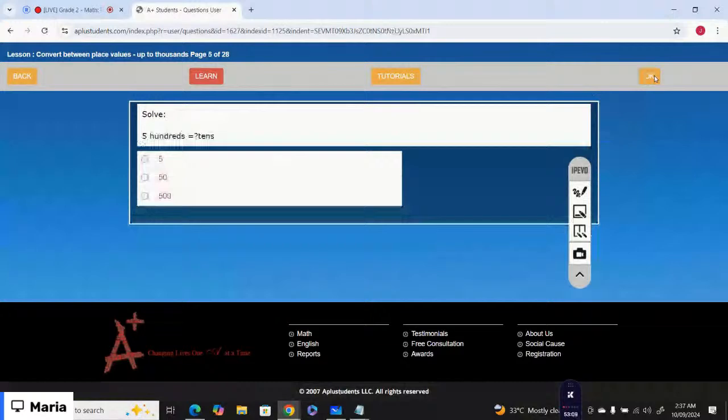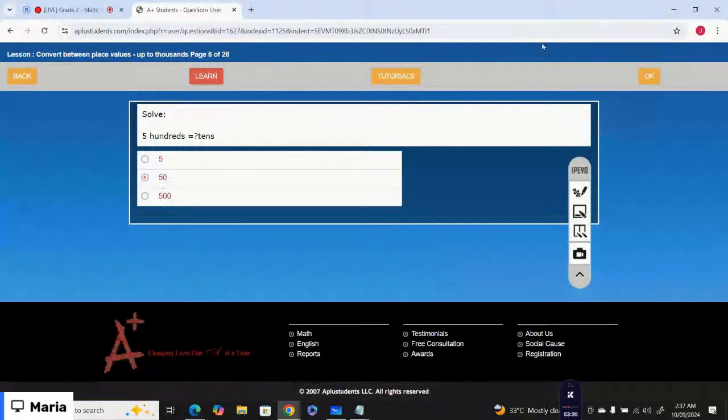Hundreds equal how many tens? That is 50 tens.